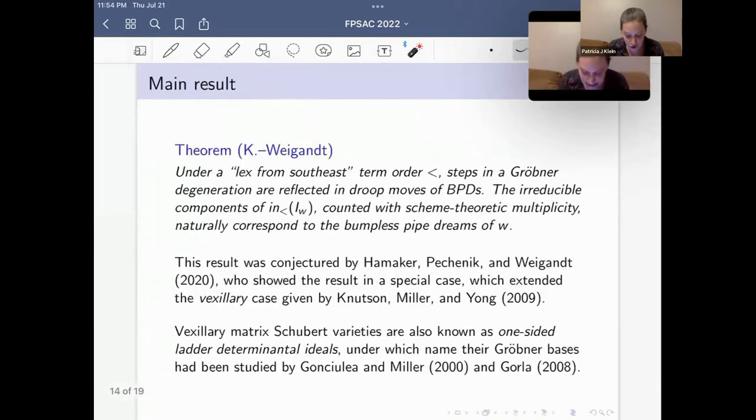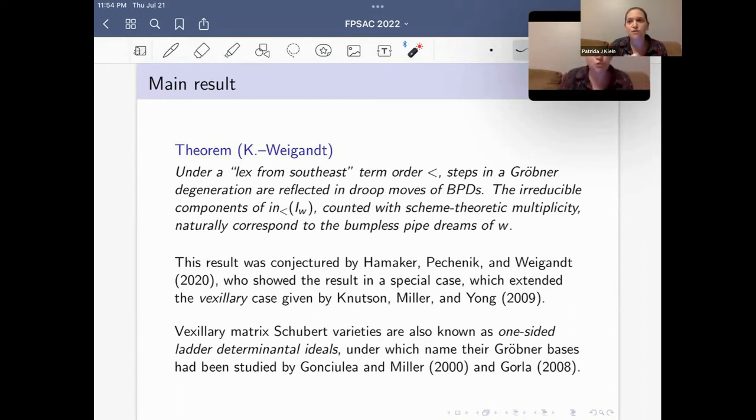And indeed, that's true. So my result with Anna is that if we proceed lexicographically from one of these lower outside corners, then every droop move is giving us a step in a Gröbner degeneration. So a step where we're starting from a Schubert determinantal ideal and moving towards a monomial ideal.